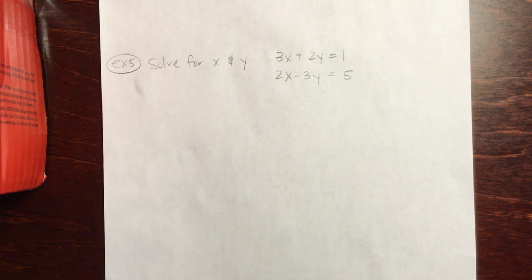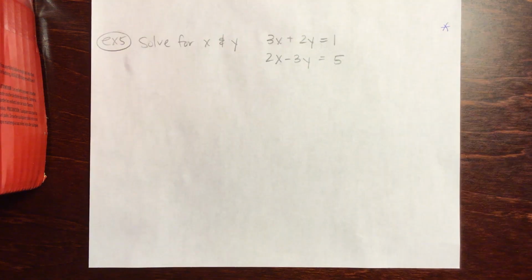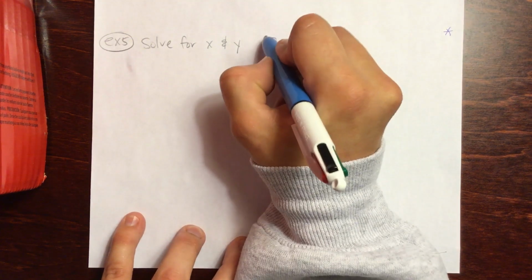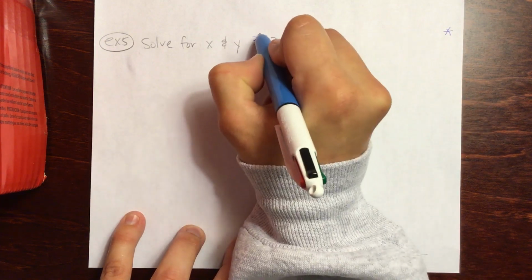All right, so step 1, multiply all your terms of one equation by some number so that when we add these two together, our x's or y's will cancel each other out. This is kind of a trick question because I can't just multiply one equation by some number unless I want to use a fraction. Instead, I'm going to multiply both equations. So let's multiply this top equation by a 3.